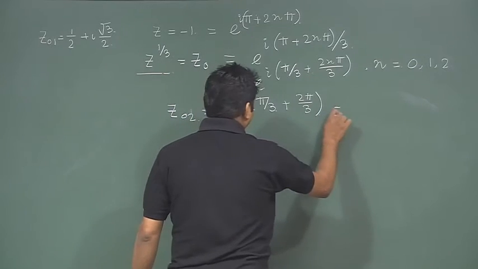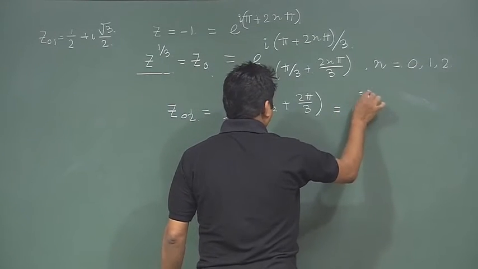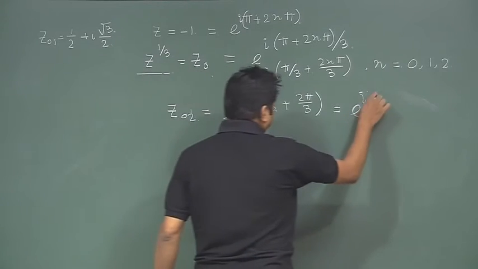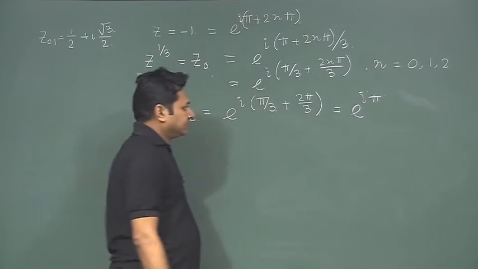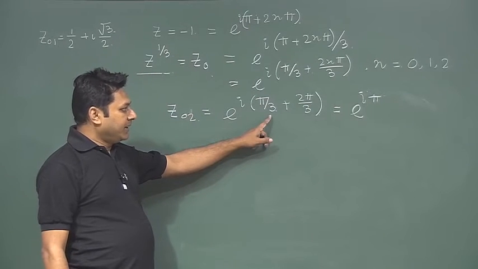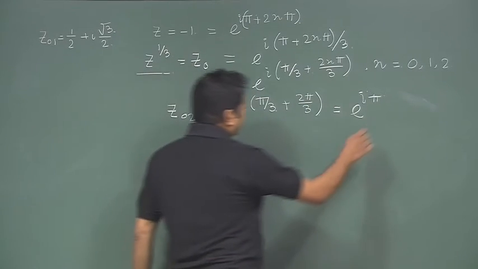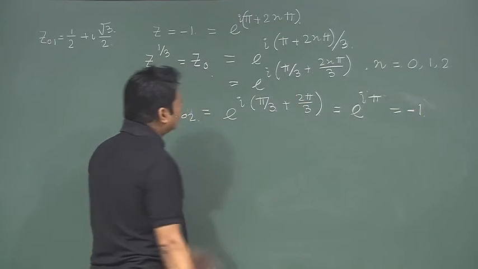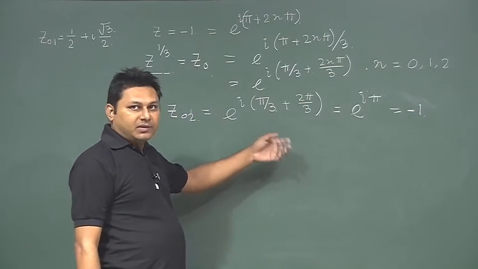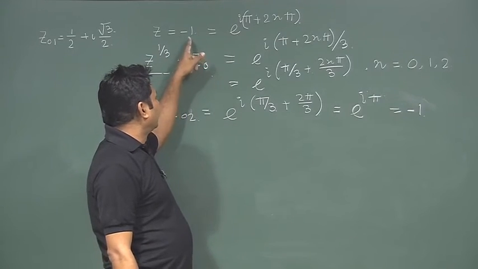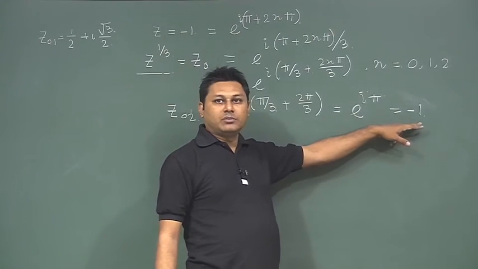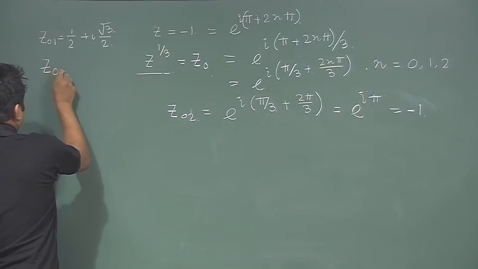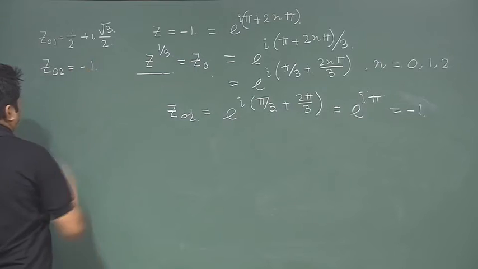This value is how much? If I just add these two things, you can find that it is e to the power I pi. E to the power I pi means this is minus 1. So, minus 1 is another root. We know that if I take minus 1 multiplied by minus 1 multiplied by minus 1, you will return back to minus 1. That means minus 1 is another root. So, z02 is minus 1.